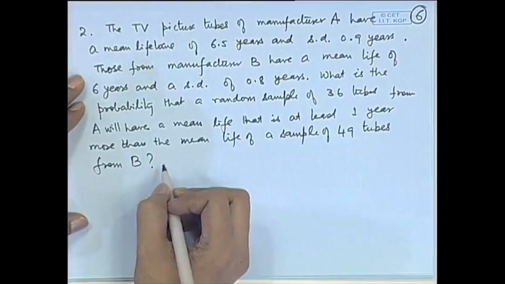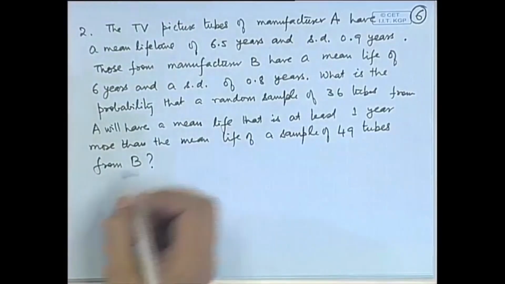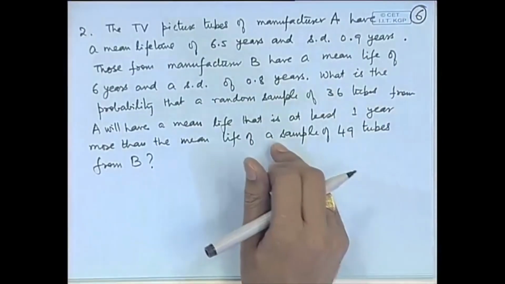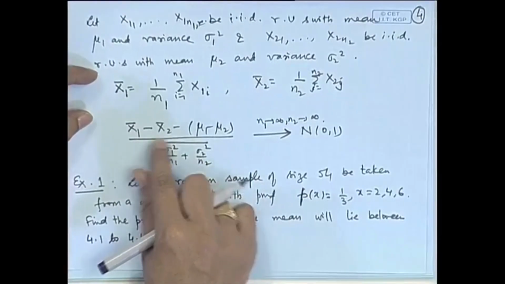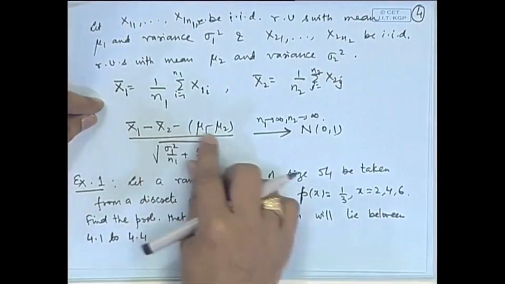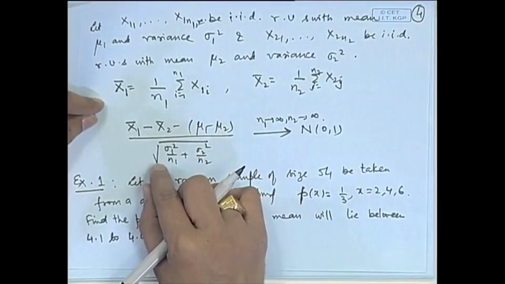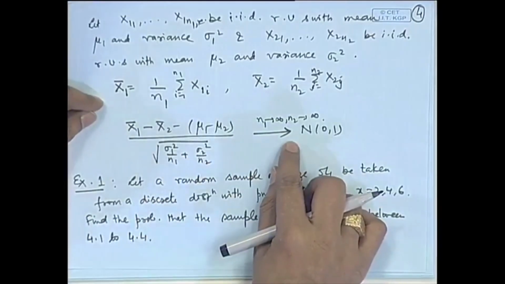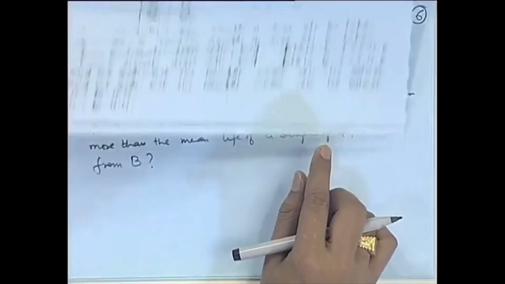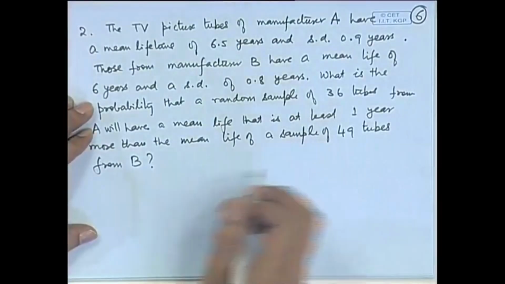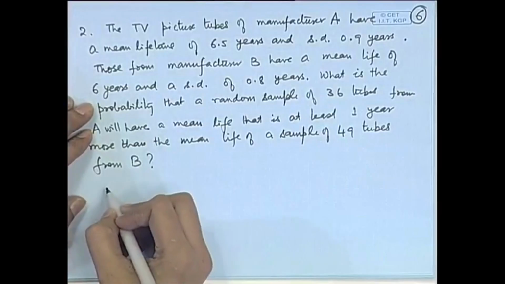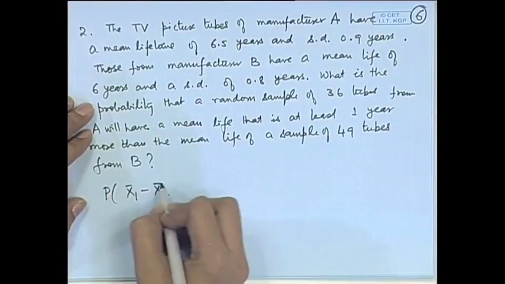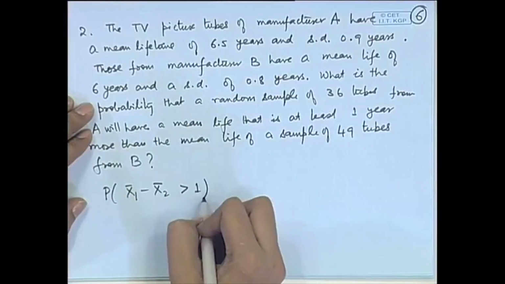So, here we will apply the extended version of the central limit theorem, because we are dealing with two samples. So, we can consider that X 1 bar minus X 2 bar minus mu 1 minus mu 2 divided by the square root of sigma 1 square by n 1 plus sigma 2 square by n 2 will be approximately standard normal distribution. So, here we are supposed to find the probability of X 1 bar minus X 2 bar greater than 1.